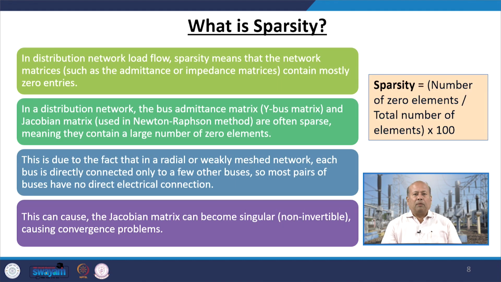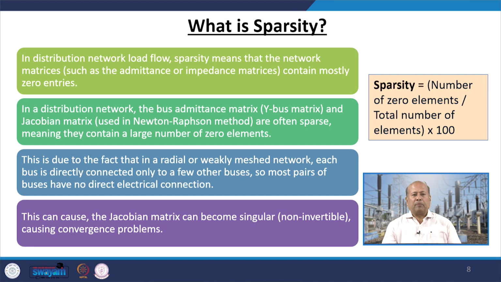Now when you talk about sparsity, we need to know what sparsity is first. In distribution network load flow studies, sparsity means that the network matrices, such as the admittance or impedance matrices, contain mostly zero entries or elements. In a distribution network, the bus admittance matrix, Y bus matrix, and the Jacobian matrix used in the Newton-Raphson method are often sparse, meaning they contain a large number of zero elements.